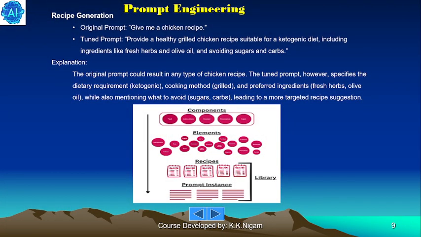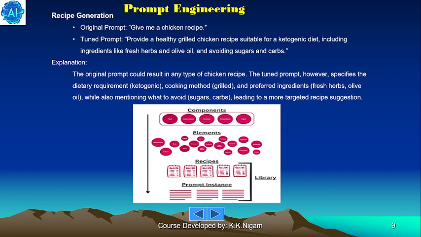Recipe generation. Original prompt. Give me a chicken recipe. Tuned prompt. Provide a healthy grilled chicken recipe suitable for a ketogenic diet, including ingredients like fresh herbs and olive oil, and avoid sugars and carbs. Explanation.